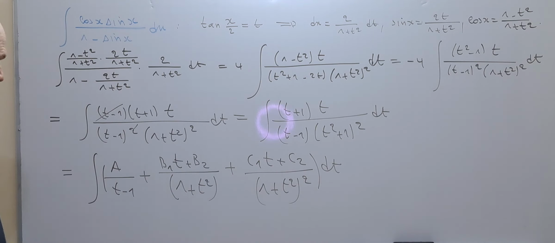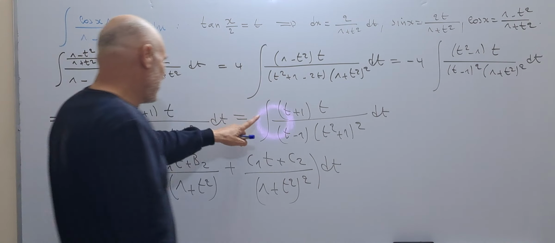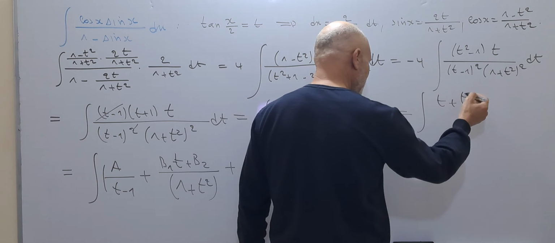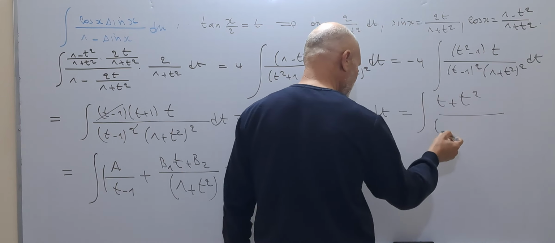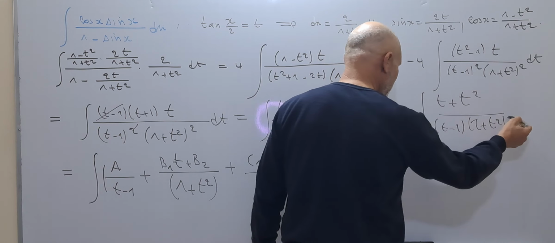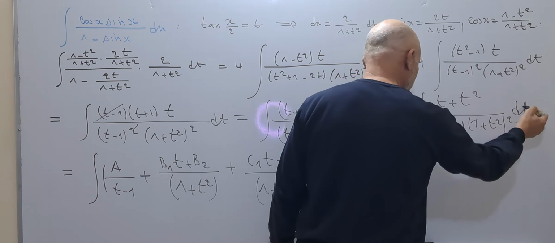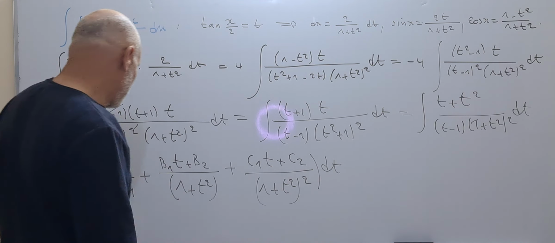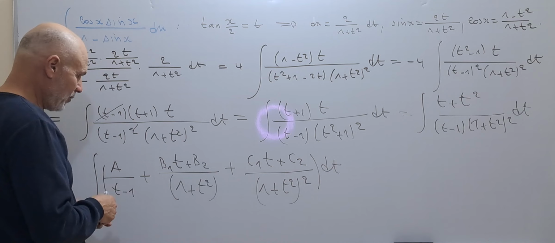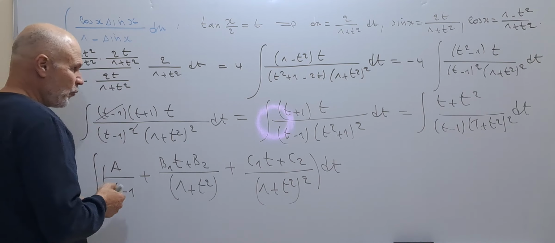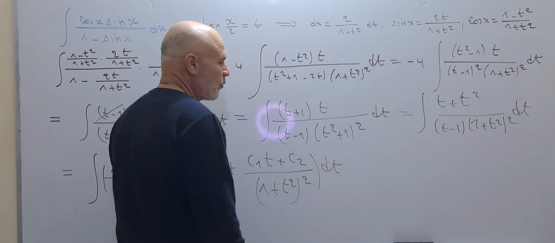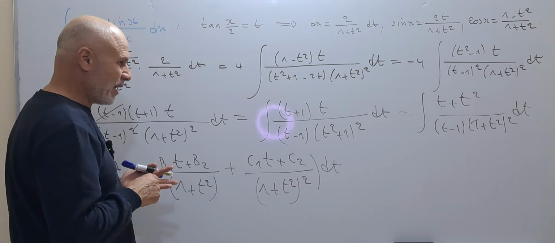Then, by identification of the polynomial here, of order 3 or 4, with this polynomial, the coefficients of order 3 and 4 are equal to 0.